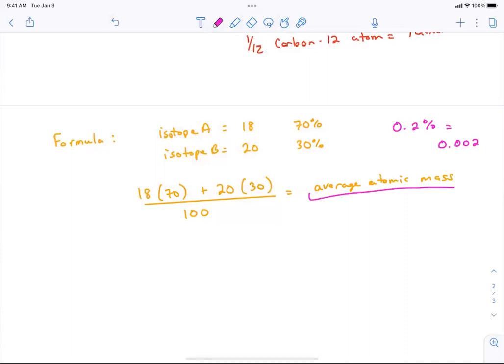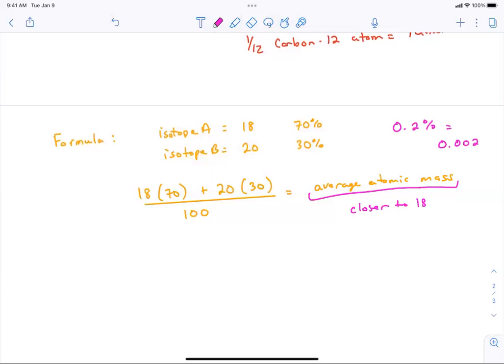The second kind of check and balance for this is when you do this kind of math and you have two isotopes that weigh 18 and 20, without doing any calculations, what should your average be close to? 18. Why? There's a larger percentage of isotope A because there's 70%. So this answer should be closer to 18.